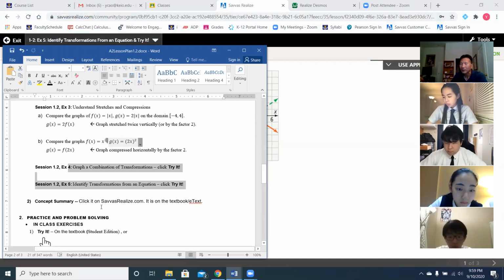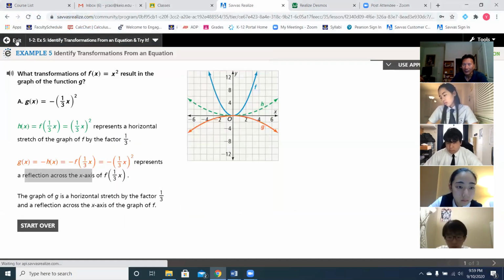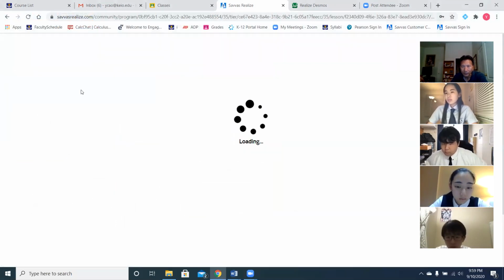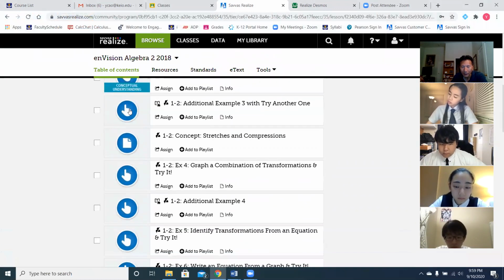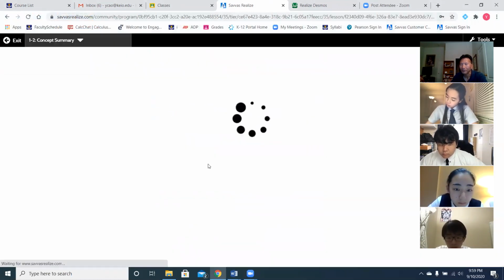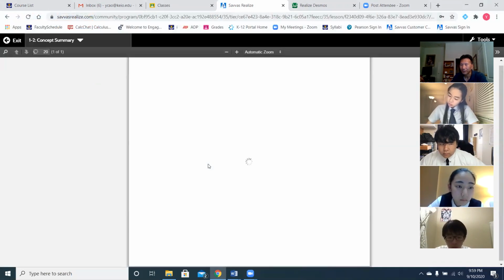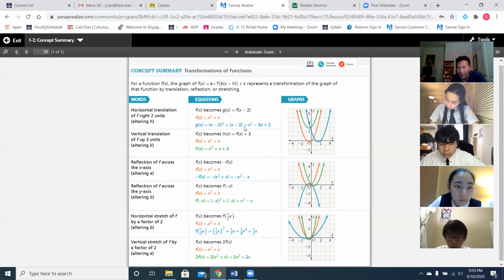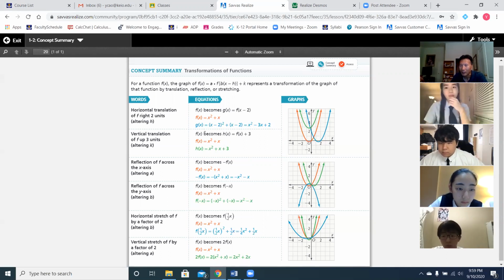Now let's see the summary for our class. Concept summary. For a horizontal move, if you subtract from x, changing to x minus 2, you move to the right by 2 units. You add some number, you move up.